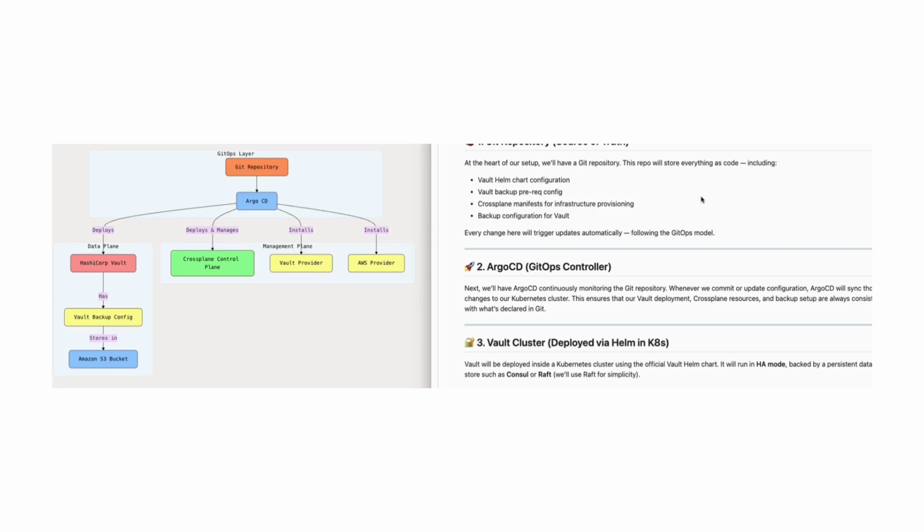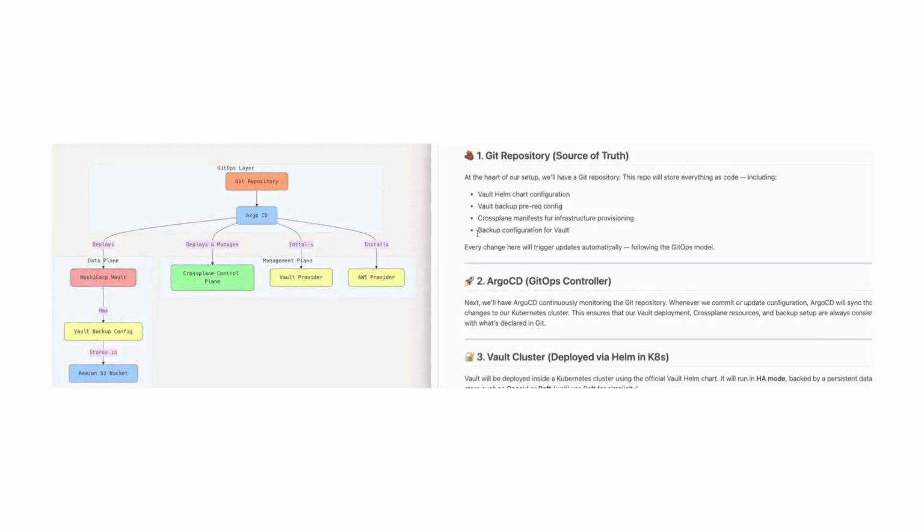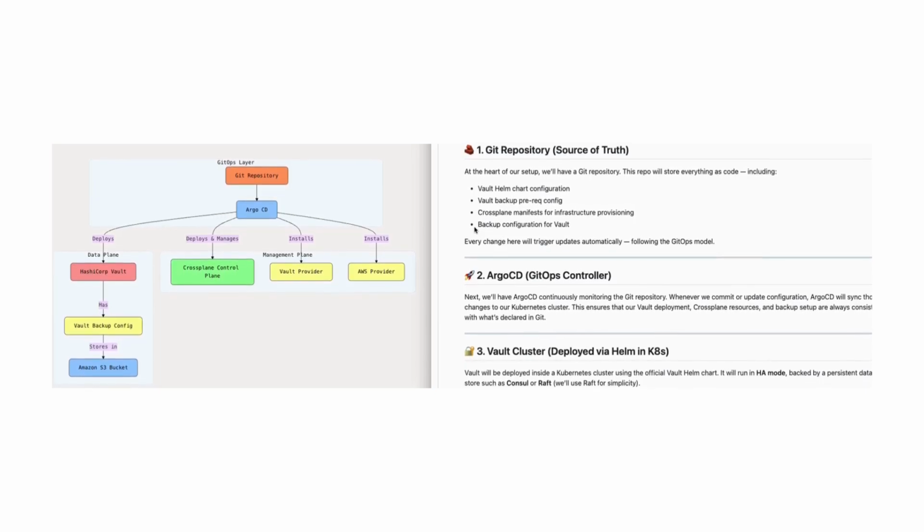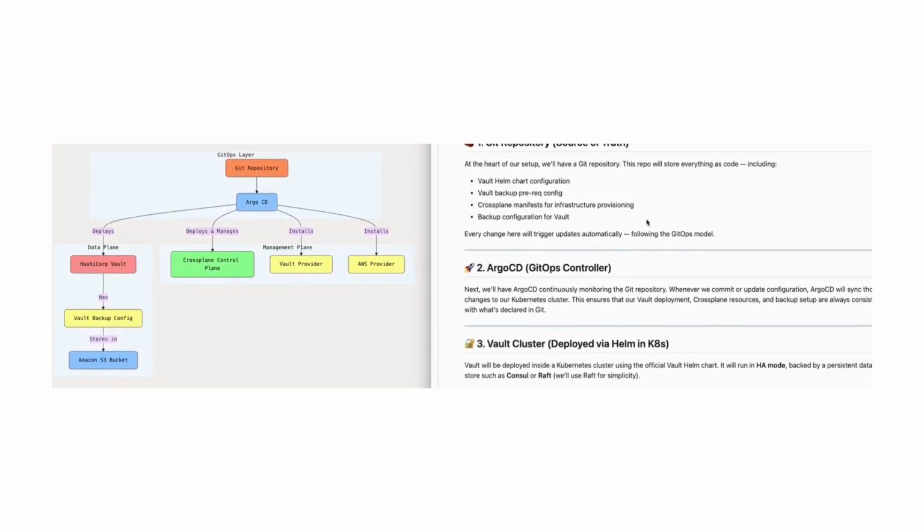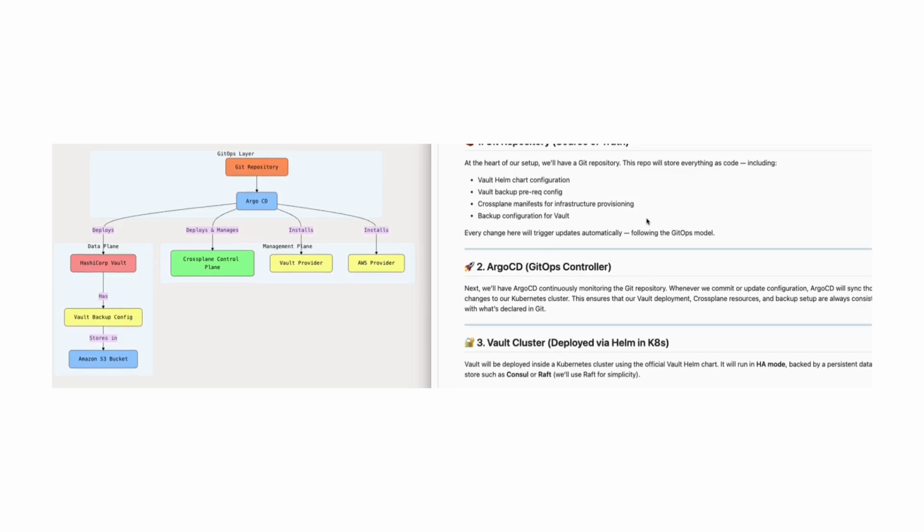This repo will store everything as code, including the Vault Helm chart configuration to install the HashiCorp Vault cluster, then the prerequisite configurations for enabling Vault backups, then Crossplane manifests for infrastructure provisioning such as the Amazon S3 bucket, and then backup configurations for Vault itself, such as the cron job for taking the Vault backups and sending them to the Amazon S3 bucket, etc. So every configuration will be stored in this Git repository.